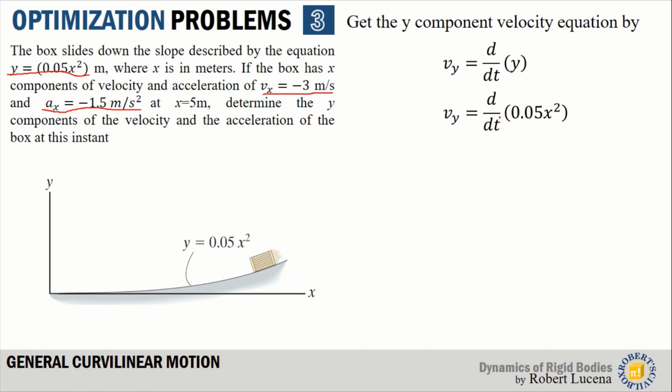So if we have the value of y is equal to 0.05 x squared, we can get Vy now. So your Vy is 0.10 x times x dot. As you can see, if you get the derivative of 0.05 x squared, you get 0.10 x.